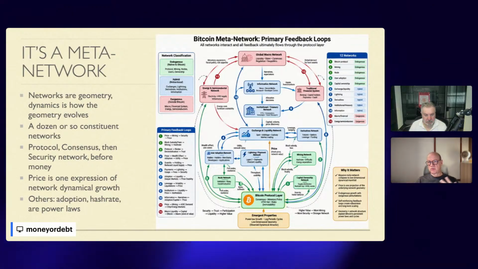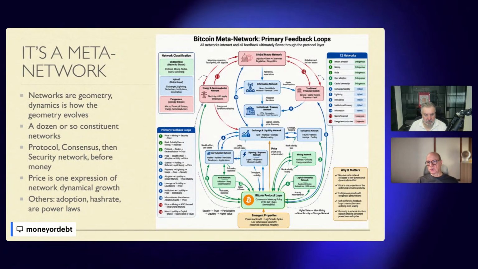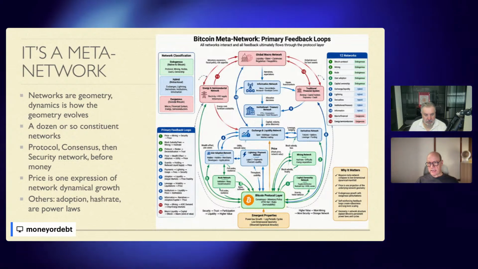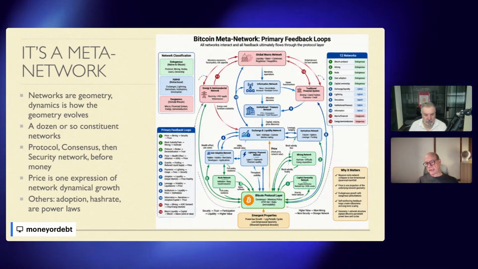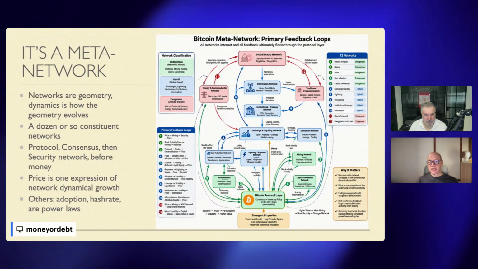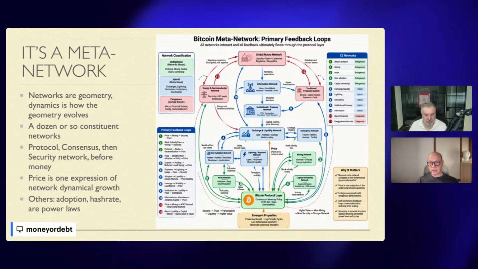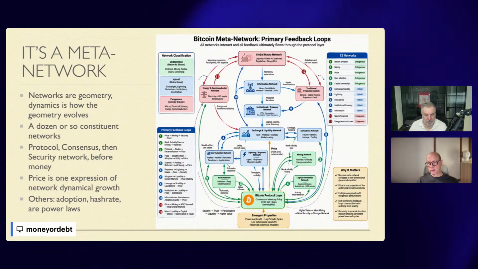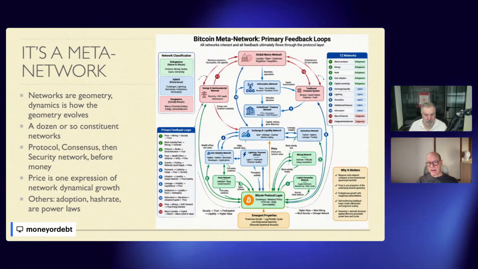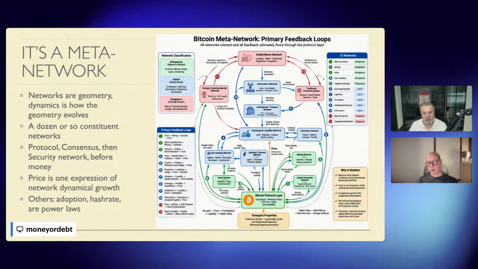You've got derivatives, you've got ETFs, you've got institutions, you've got treasury companies, you've got the Lightning payment network and other second layers and side layers. You've got the liquidity in those channels. You've got user adoption network, the people that create wallets, the merchants, the developers, and so forth. And those we consider as hybrid.